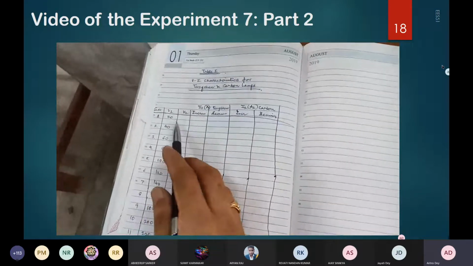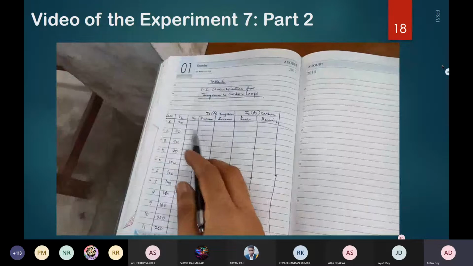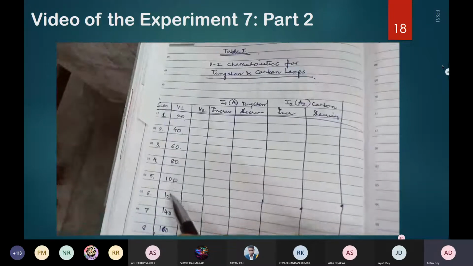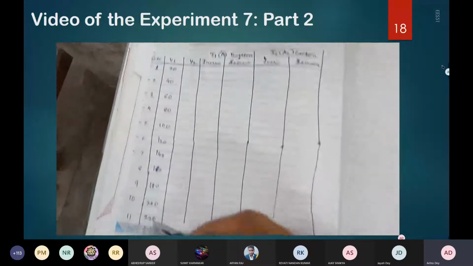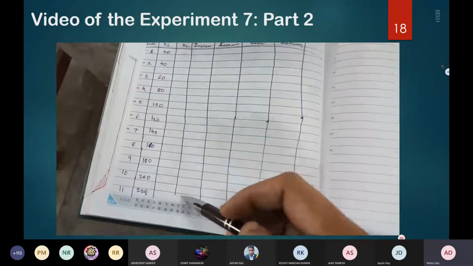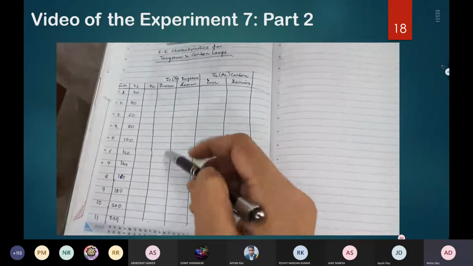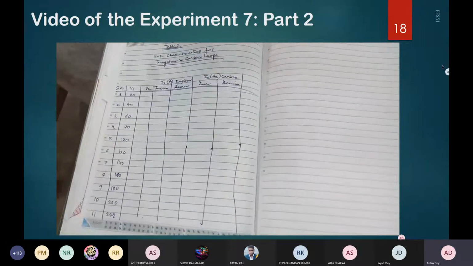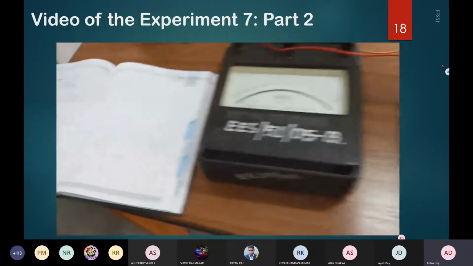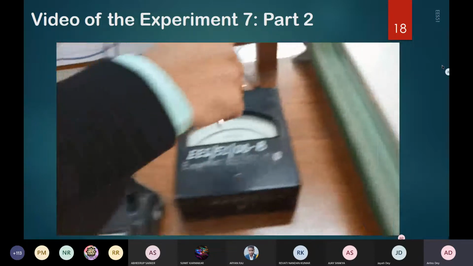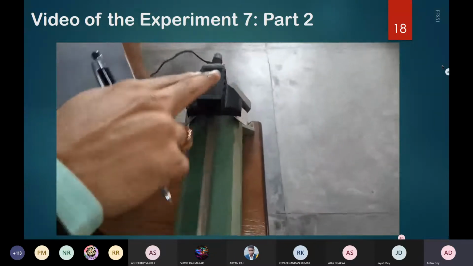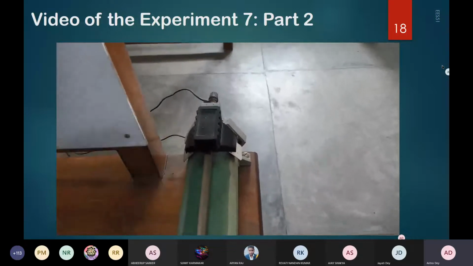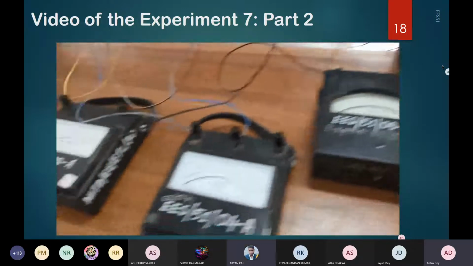We'll go first with increasing voltage from 20, 40, 60, 80 in that way till 220, and once we reach 220 we'll come back from there in the decreasing case, in steps of 20 volts. We'll do this with the rheostat at the minimum position.